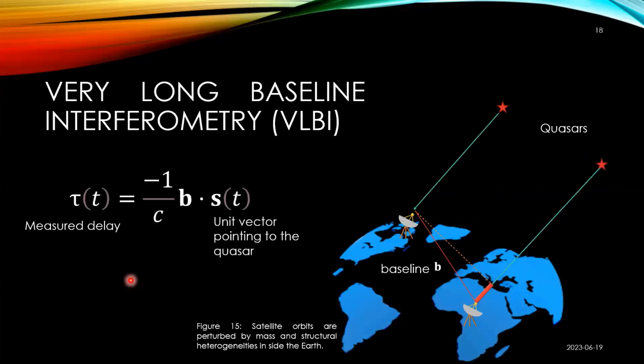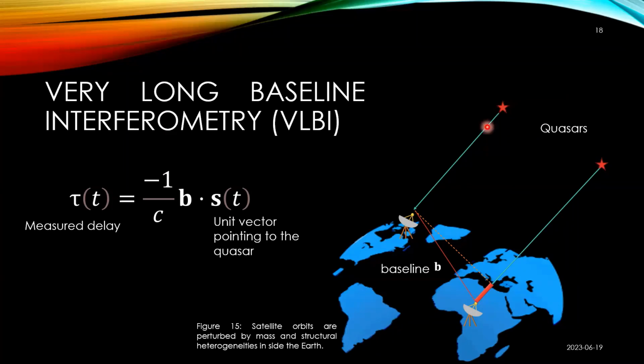In VLBI, we have very long baseline interferometry. The principle is that there are some celestial objects that emit constant or stable frequencies, and with radio telescopes, we can measure these signals. For example, if we have a quasar, since they are very far from the Earth, we can assume the rays are parallel.